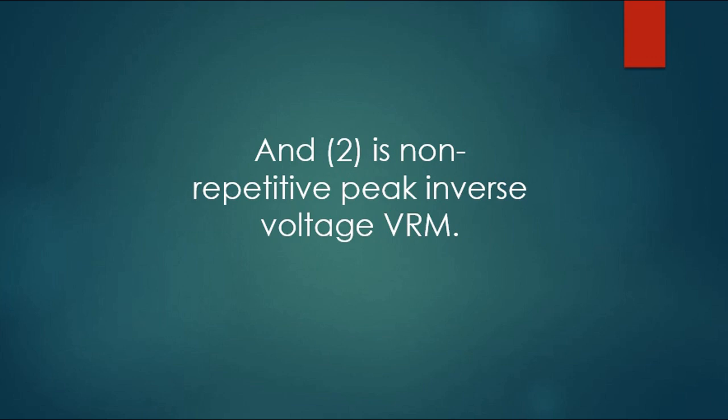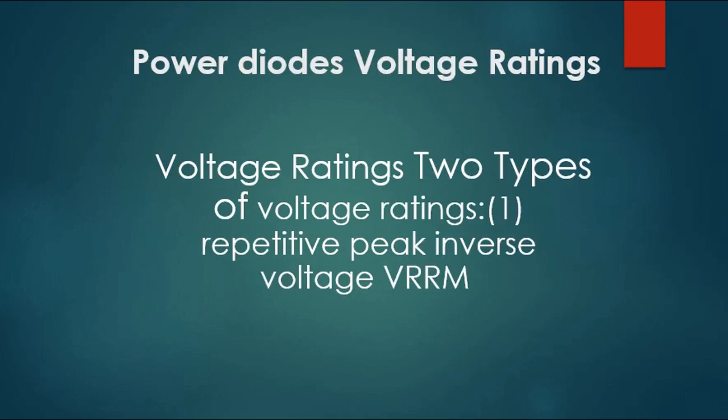Now, how do they work? I know some of you will be asking what the full meaning of VRRM is. Even if I did not say it in this video, you can do it as your own assignment and help yourself. So, I repeat, there are two types of power diode voltage rating.